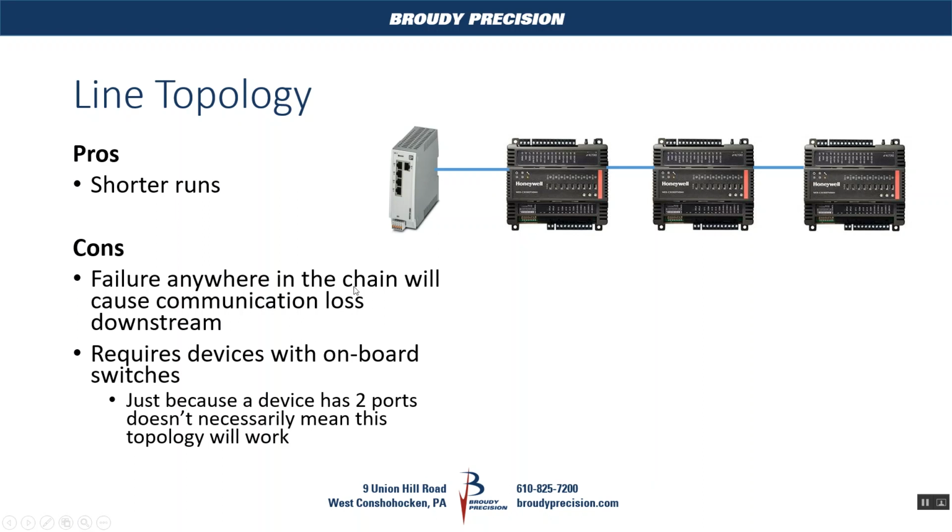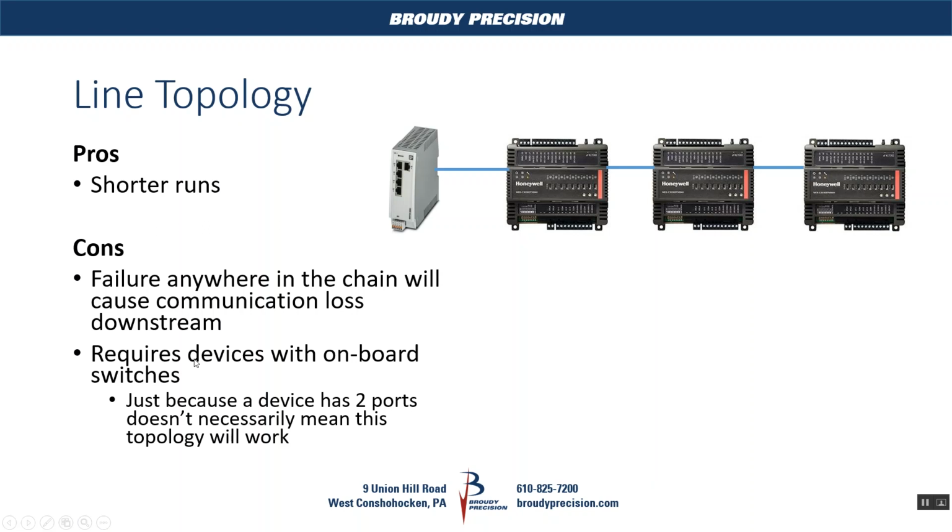Problem with the line topology is that if you lose communication to any of these devices, or any of these devices loses power, any device downstream also loses connection to the network. So if we lost this device, it lost power, it died for whatever reason, the devices downstream would lose connectivity to the network as well.